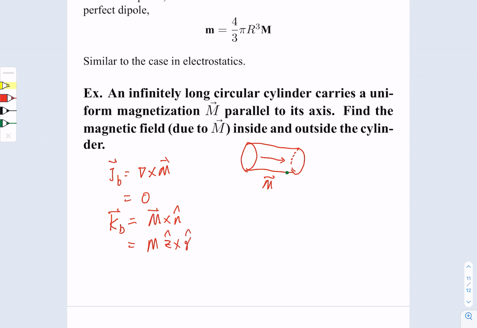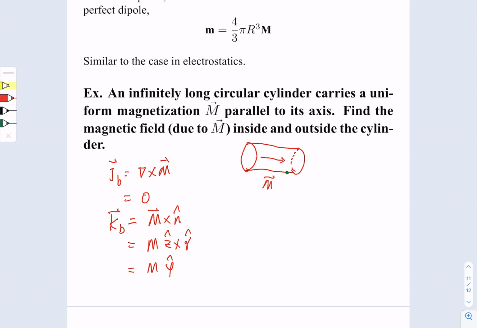What is normal to both Z and R hat is the azimuthal direction, the angular direction in cylindrical coordinates. So it has to be the phi direction.